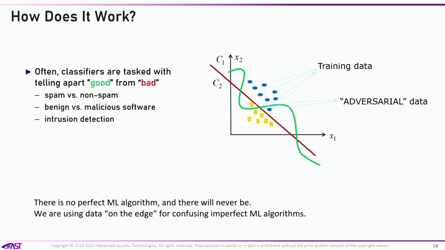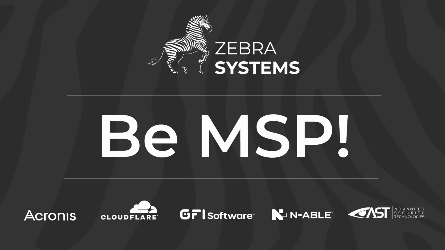So how is it done? On the training data, you put some additional data that is there to trigger the machine learning on the edge data, and that's it. I can show you some visualizations on the live system.